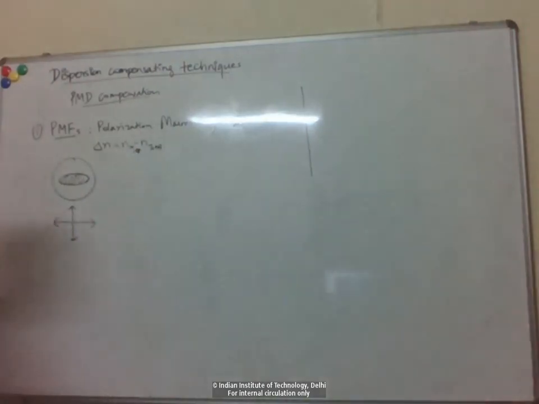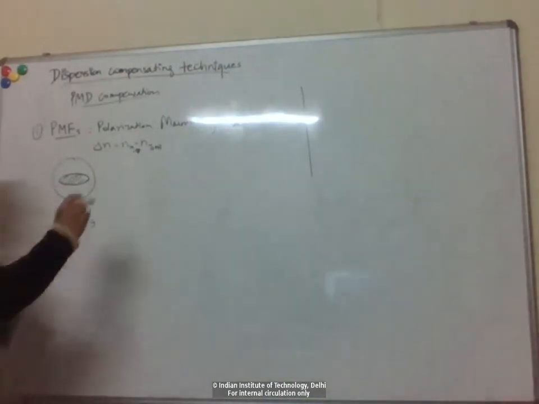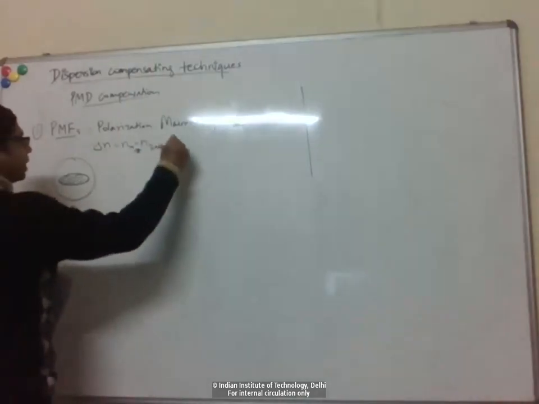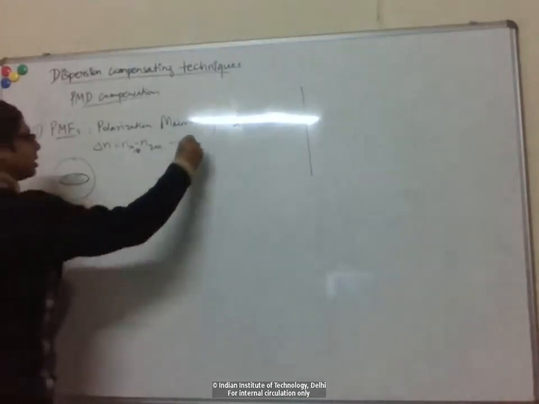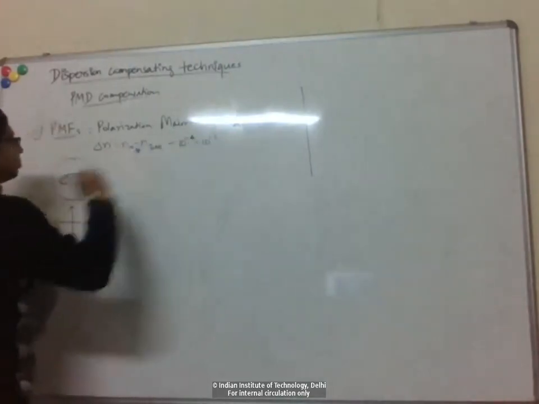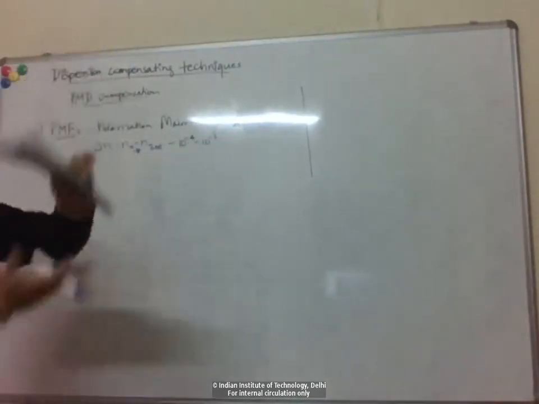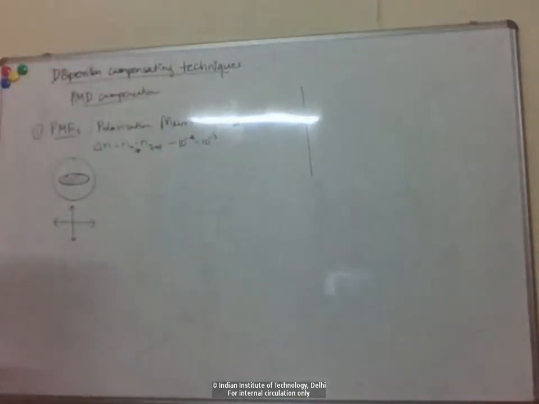So recall that in the standard single mode fiber, these random stresses were introducing birefringences of about 10 to the minus 7, right? Here we deliberately make this something like 10 to the minus 4 or 10 to the minus 3, right? So very big. So now we know these two modes are not degenerate.